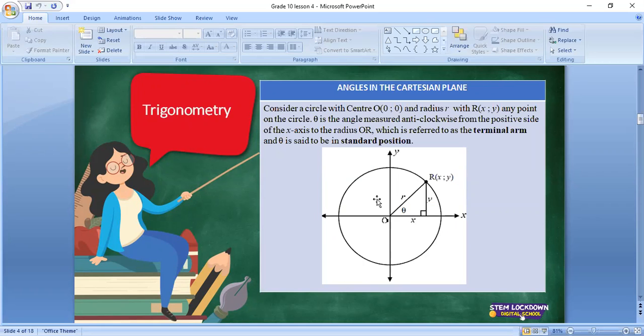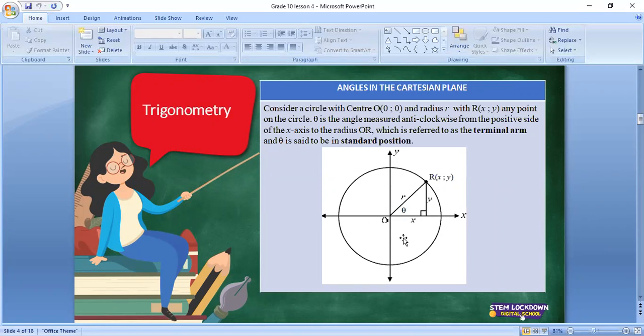So in trigonometry we have 4 quadrants, meaning the circle is being divided into 4 quarters. We write it as quadrants: the first quadrant, then the second quadrant, then the third quadrant, and then the fourth quadrant.